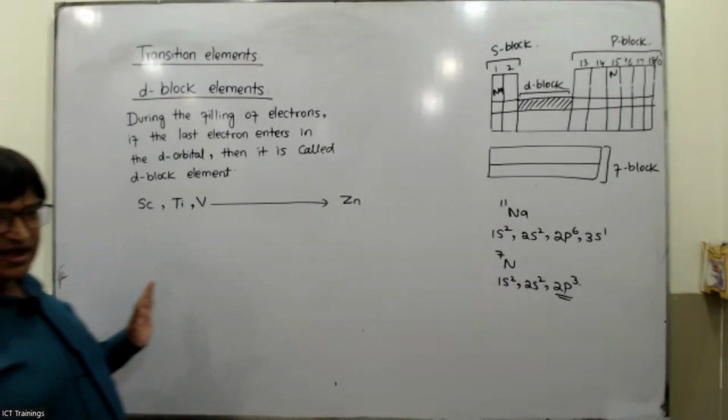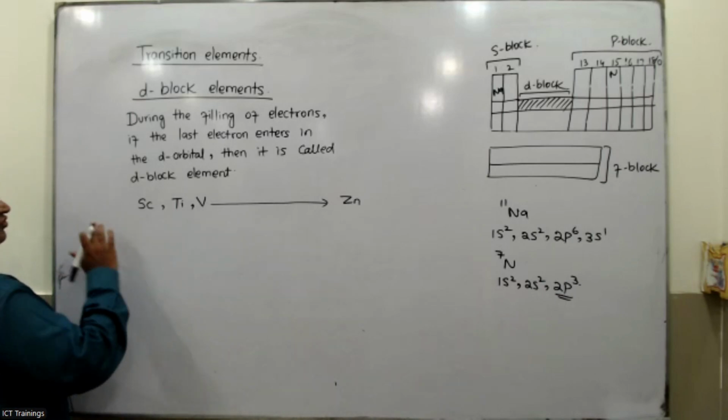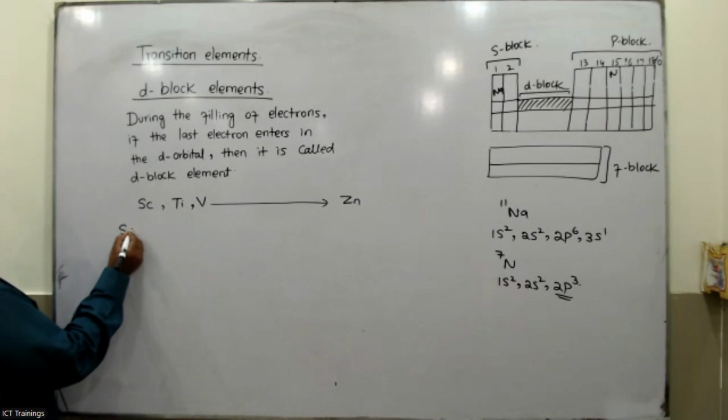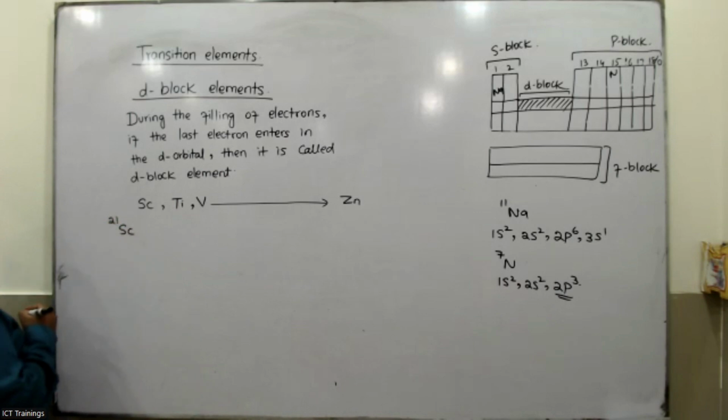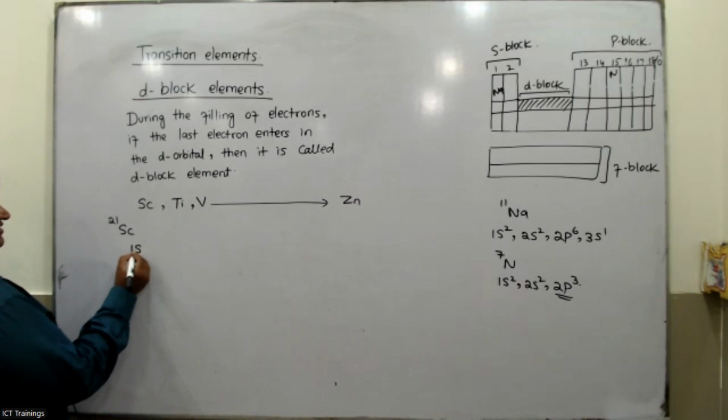Now, what should you do, guys? Everybody, just listen. We have to draw the electronic configuration of scandium. Scandium has the proton number 21. Now what should you do? You can draw its electronic configuration in two ways. The first method: this is 1s2.